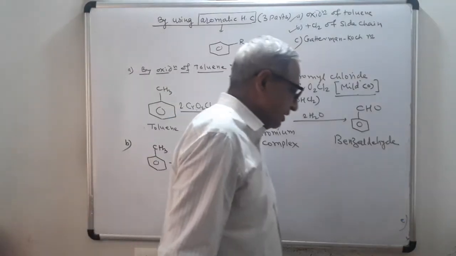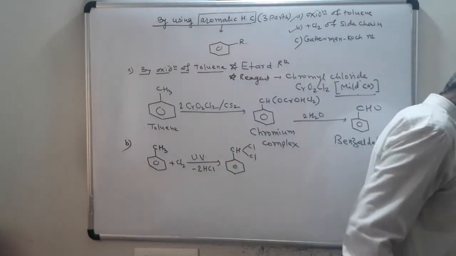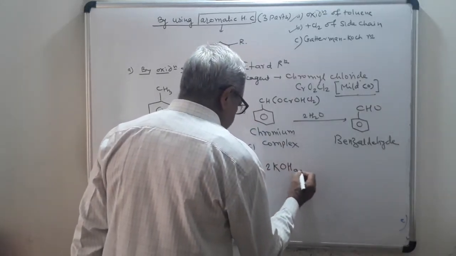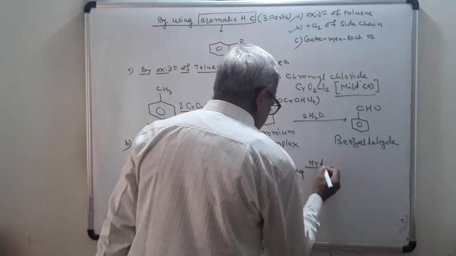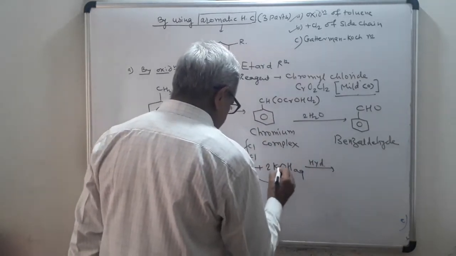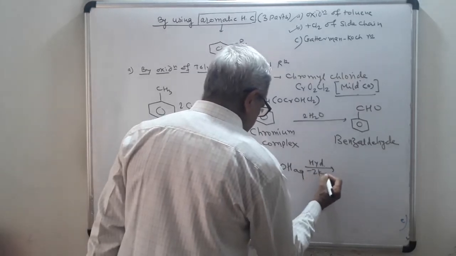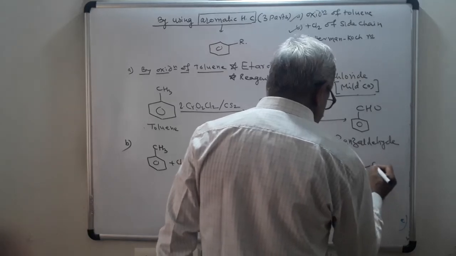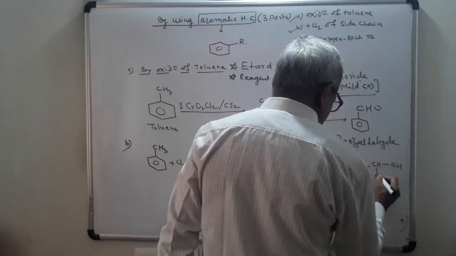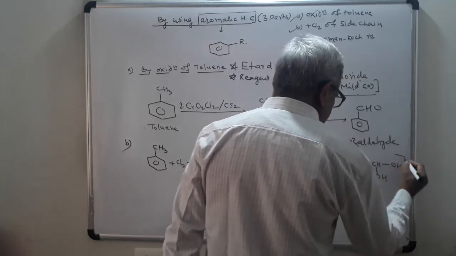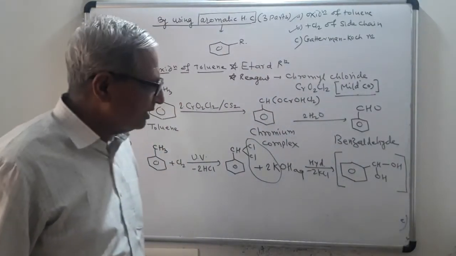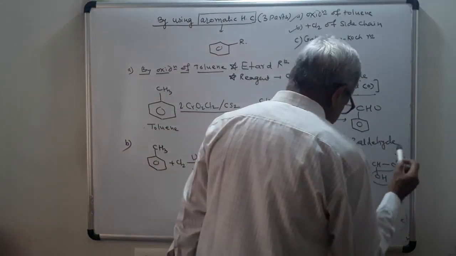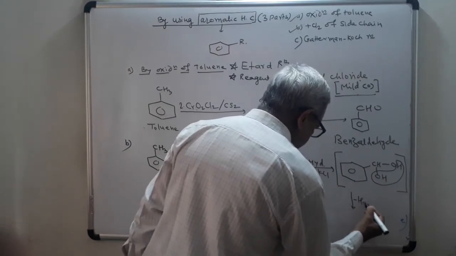Then this is treated with aqueous alkali such as KOH or NaOH. You can take 2 times KOH aqueous. This is a hydrolysis reaction. You can easily remove twice KCl. So you will get an unstable compound, a benzene ring attached to 2 OH groups. This compound is unstable because 2 OH groups are attached to the same carbon atom. When you immediately remove the water molecule, minus H2O, you will get benzaldehyde.